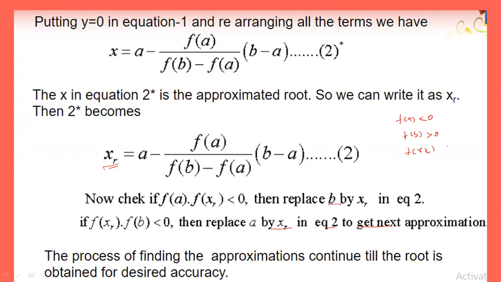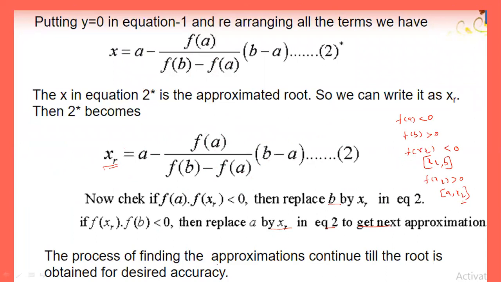Suppose f(xr) is less than 0; then your root lies between xr and b. Then you replace a with xr in the same formula to get the next iteration. If f(xr) is greater than 0, then your root lies between a and xr. Then you replace b with xr and apply the same formula to get the next iteration.